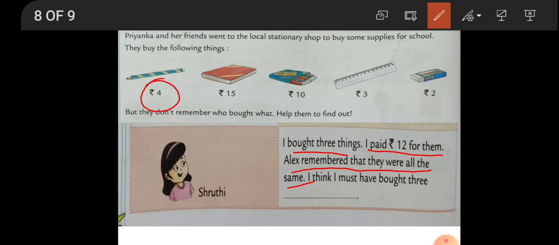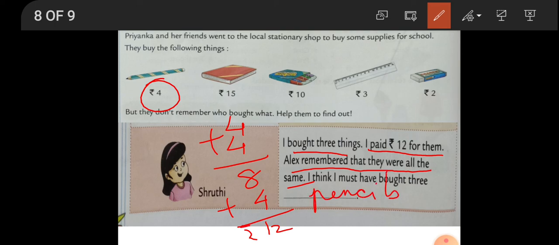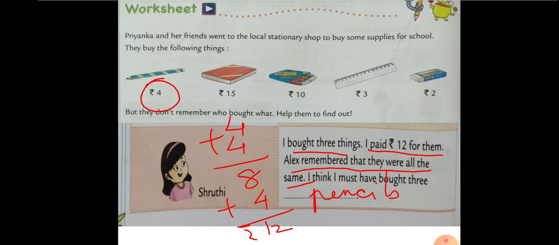Yes, it's coming to pencil. Let us see now. 4 plus 4. 4 in mind, 4 fingers up. It gives you 8. Again plus 4. 8 plus 4, 12. So it's giving you rupees 12. See here, children. That means she has bought 3 pencils for rupees 12. Got it, children? It's very easy.